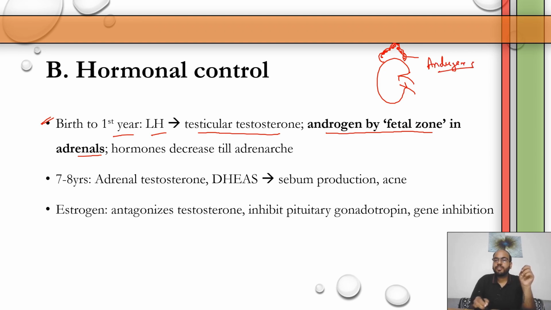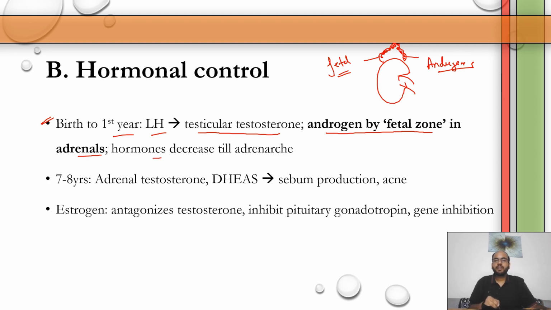And this little portion is known as the fetal zone because it was present in the fetus. It was responsible for production of sex steroid hormones in the fetal time. Okay. Now this is still left in the first year of life and will gradually regress over the first year of life. But during that time, it will still produce androgens under the influence of luteinizing hormone.